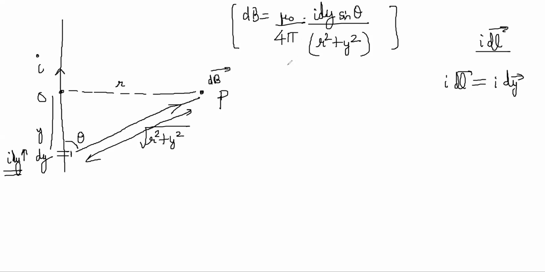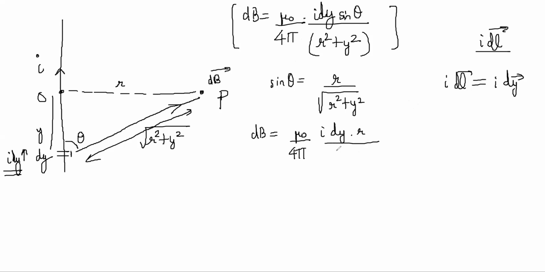Now clearly sine theta in this figure is equal to R by root over R square plus Y square. So your dB becomes mu naught by 4 pi I dy R by R square plus Y square to the power 3 by 2. This is your dB.